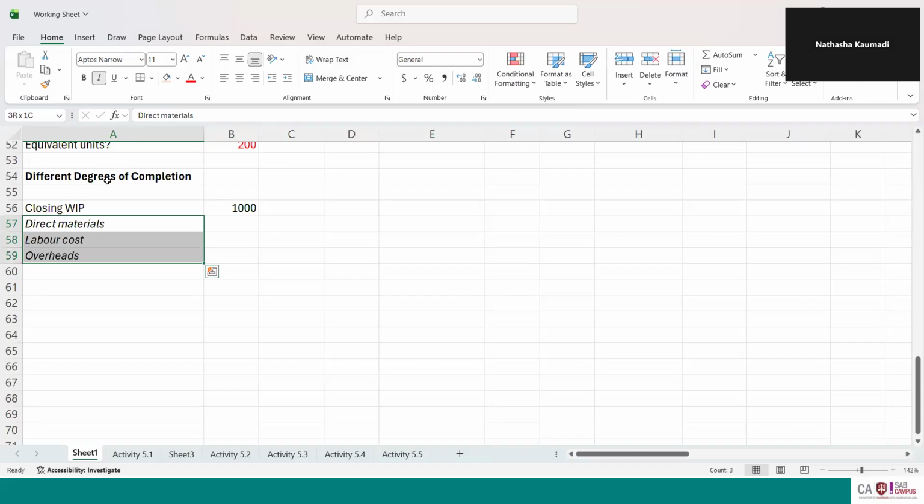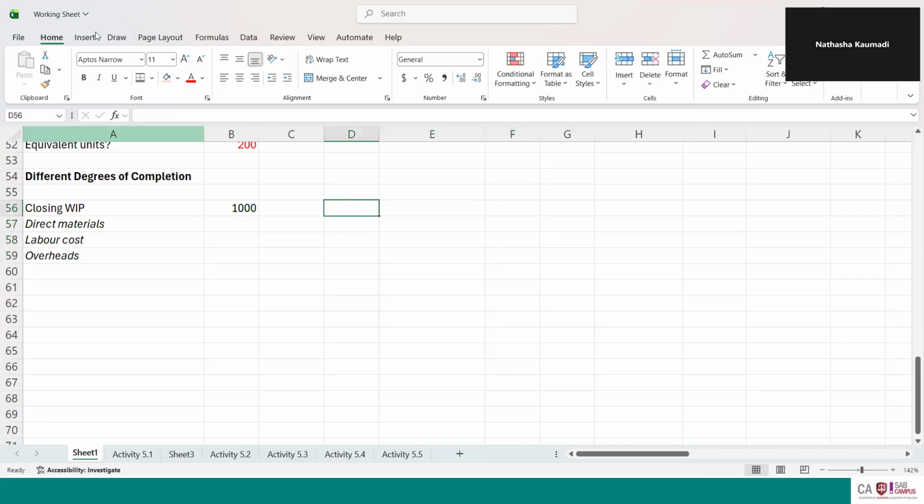Now, sometimes for different units, if we take different completion rates, the amounts we put in for materials, labor, and overheads can be different.